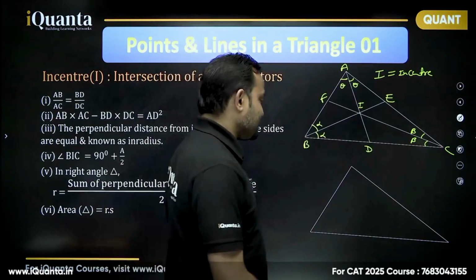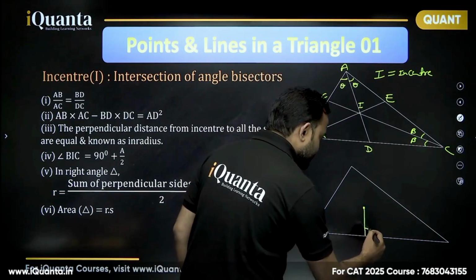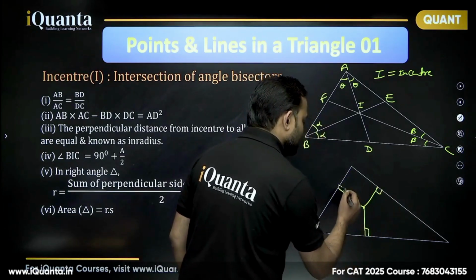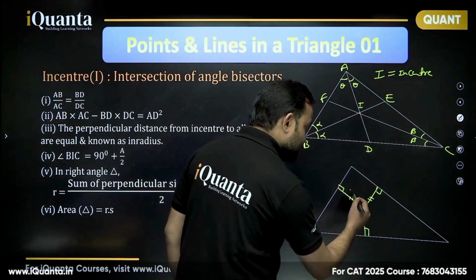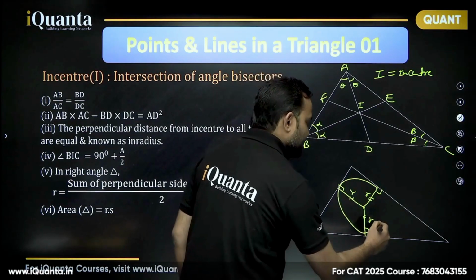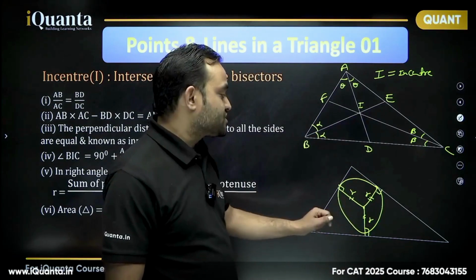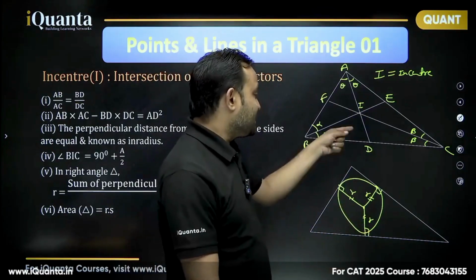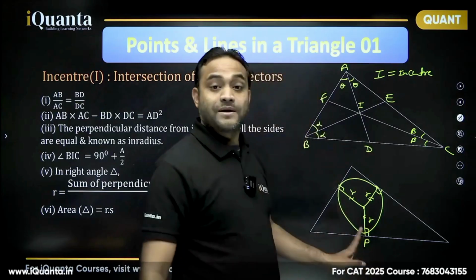Now if we have this incenter, if we draw perpendicular lines to all the three sides, then all of them will be of equal length, and this is nothing but the inradius of this triangle. R is nothing but inradius of this triangle, from where we can draw a circle which touches all the three sides. Now remember, it's not necessary that this point D and this point, let's say P, is same.